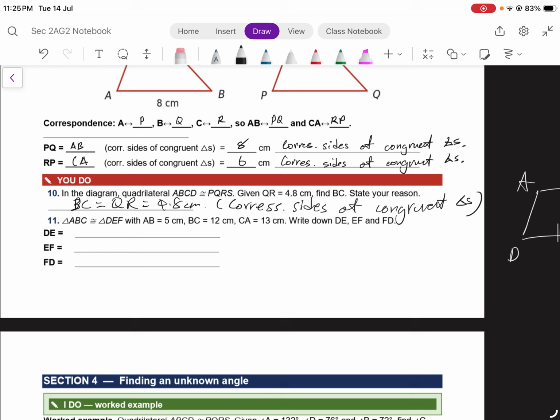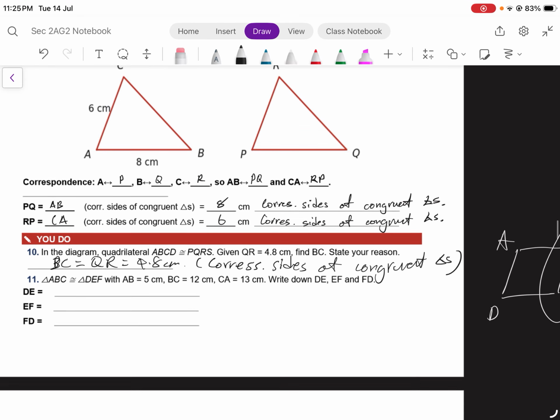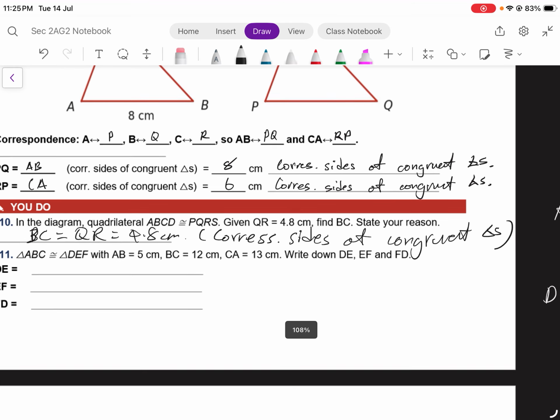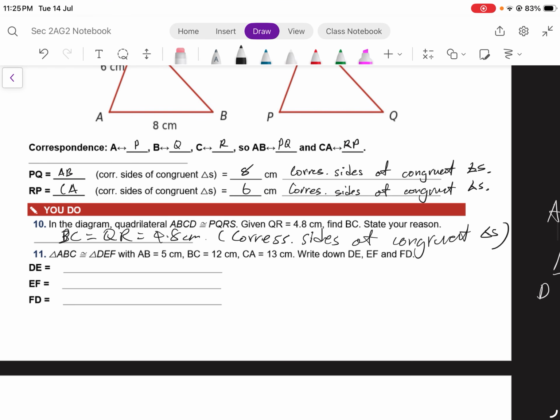Okay, so next one, triangle ABC equals DEF. If AB equals 5, BC is 12, and CA is 13, write down DE. So we know that ABC, okay, let's draw a triangle: ABC, DEF.